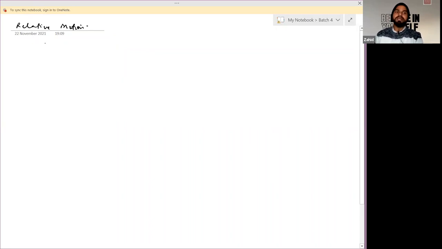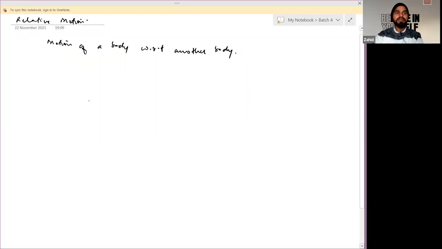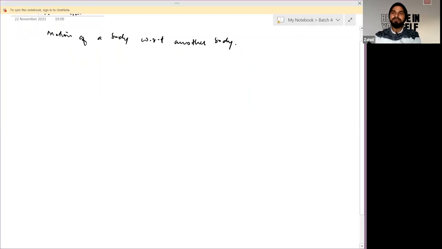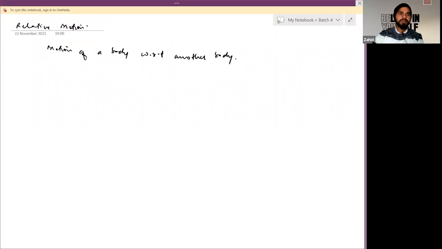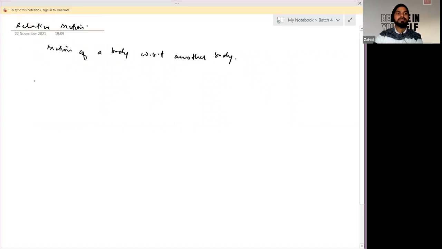So relative motion is nothing but motion of a body or system with respect to another system or body. So motion of a body with respect to another body or system is termed as relative motion. Now there is some relation or formula in this part. Let me define it first.